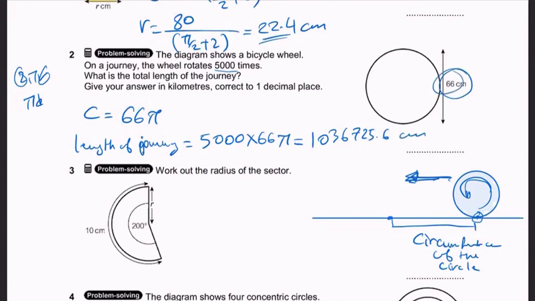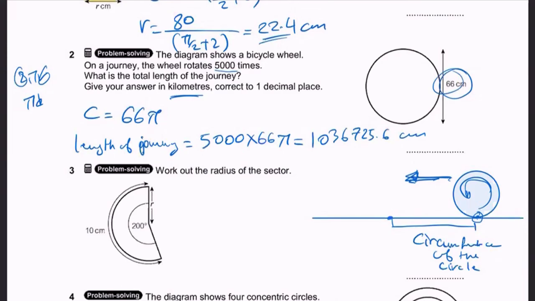He wanted kilometers, so I have to divide by 100,000, because from centimeter to meter is 100 and from meter to kilometer is 1000, so you have to divide by 100,000.